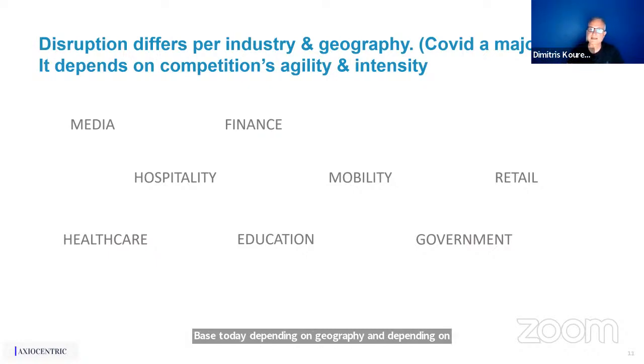Some of the industries kept changing much faster than others, and some of the countries that are by far more open to competition kept changing much faster, and other countries maybe have not been disrupted so much because they have been in an environment protected, let's say, usually by government. So how much you feel the disruption depends on where you are based and what your competition is doing. The competition agility and intensity.